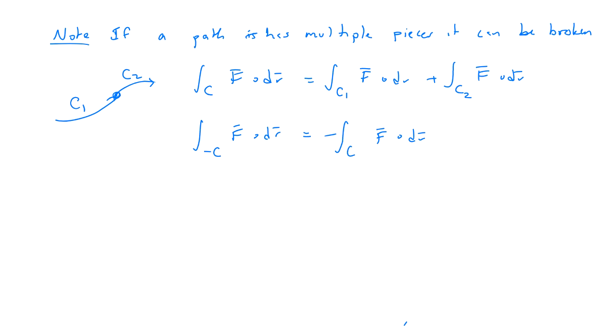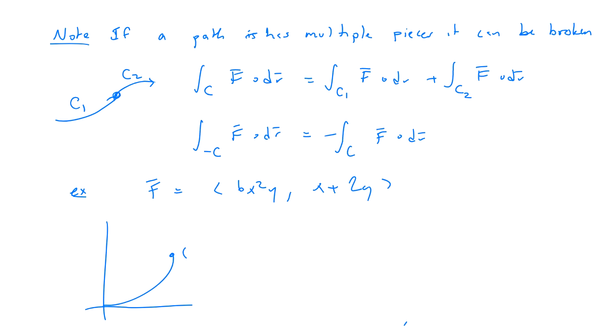So let's stay with the example we just did. It's still equal to the integral of 6x squared y, x plus 2y. But let me add pieces. So I start at the origin.